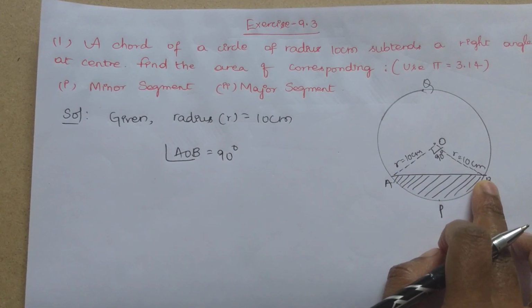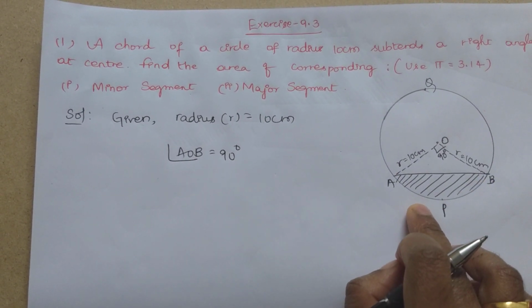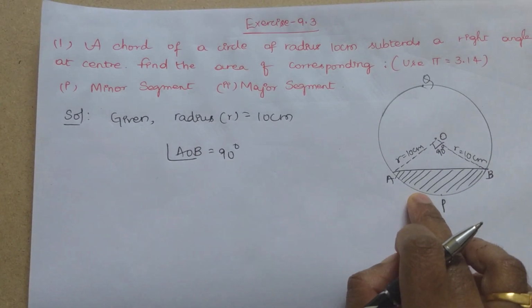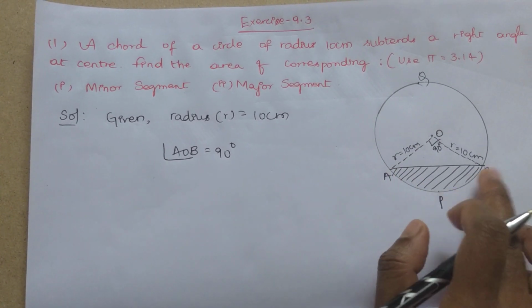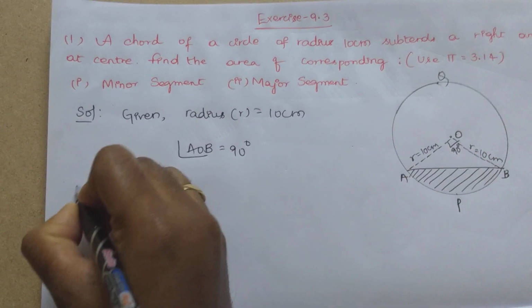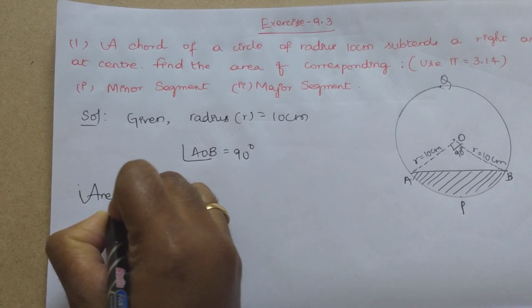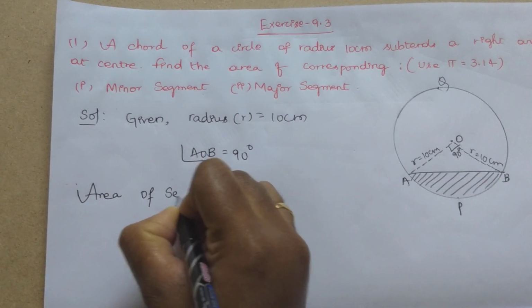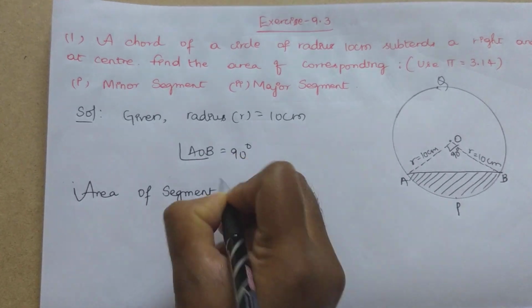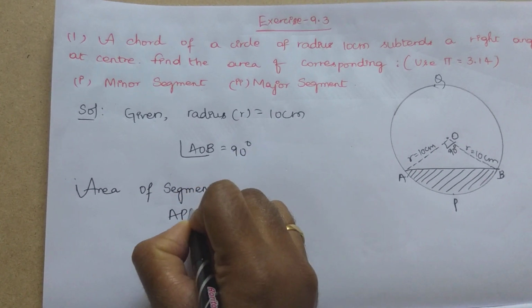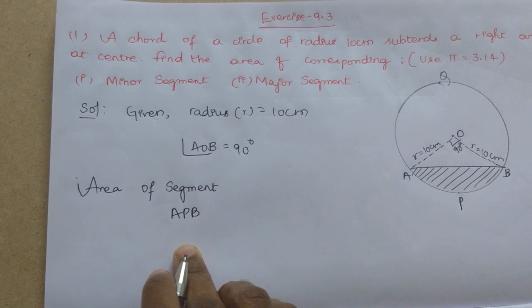As I told you in the previous video, the formula derivation video, the area of the segment APB equals, write the same formula we derived before. Area of segment APB. Now we are going to find this minor segment.